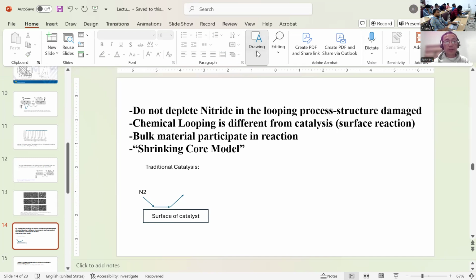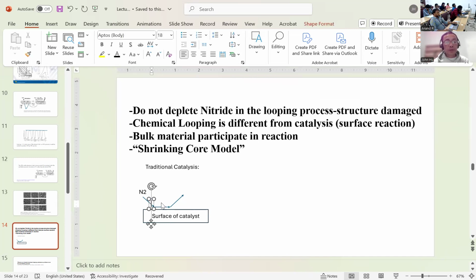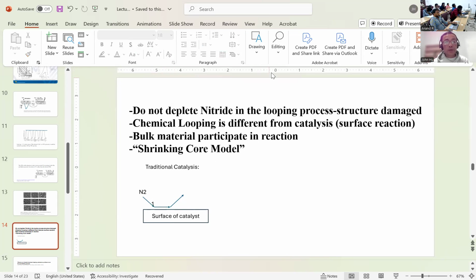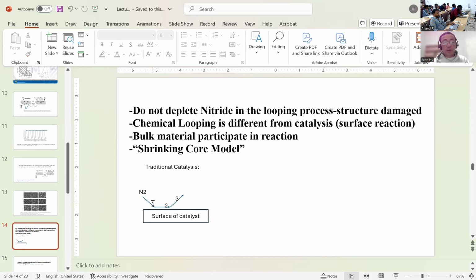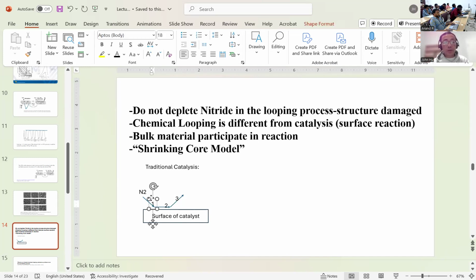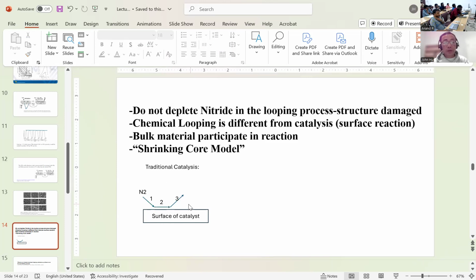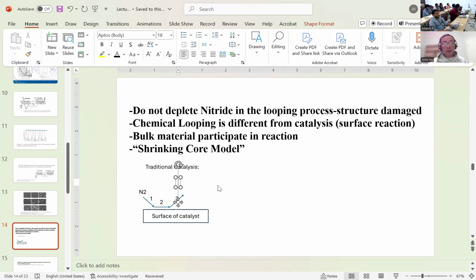I'm going to put numbers here: step 1, step 2, step 3. I hope you learned this theory before, but I'm going to refresh your memory. If you haven't learned it, just follow me. Step 1 is called diffusion.